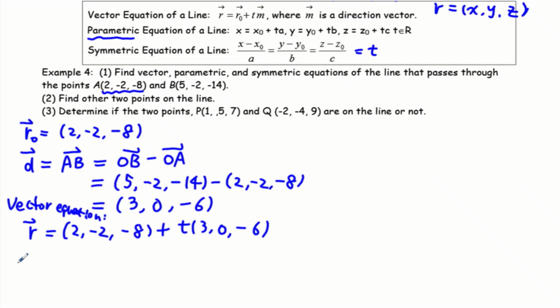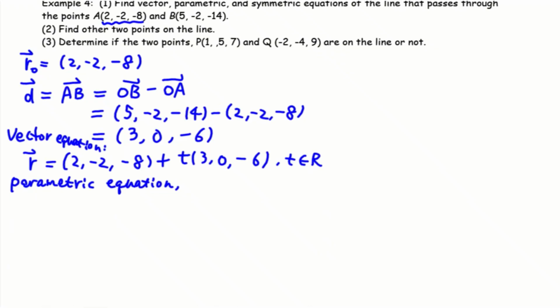Okay, and the next one, the parametric equation. t belongs to all real numbers, and this one is just the component vector, so x, y, z. We write each direction out.